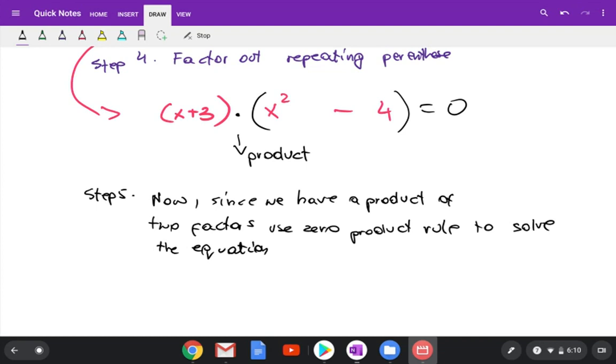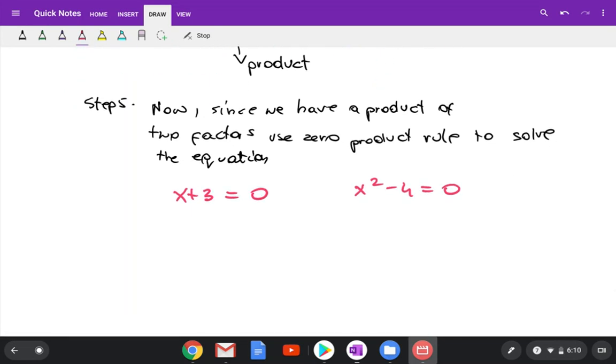Okay, so we're going to take that x plus 3, make it equal 0, and you're going to take that x squared minus 4 and make it equal 0. You're solving both equations for x.